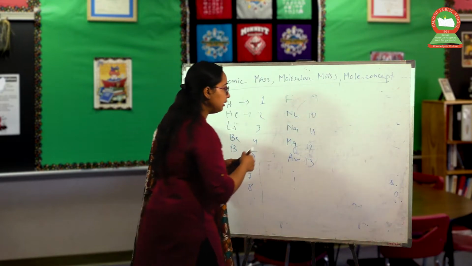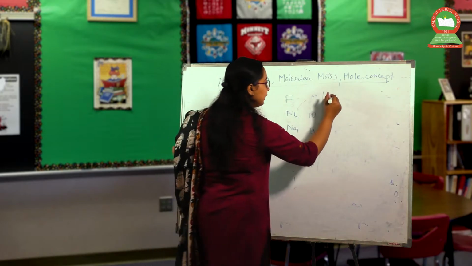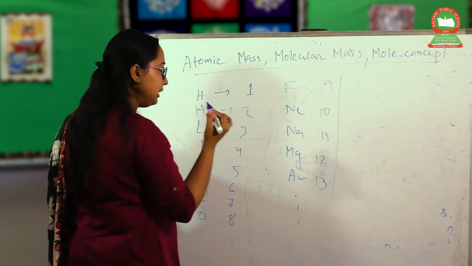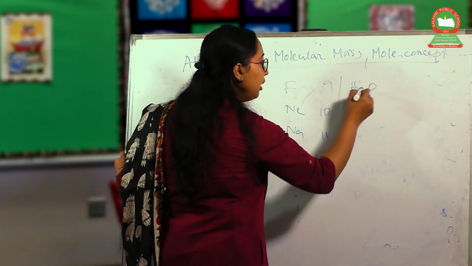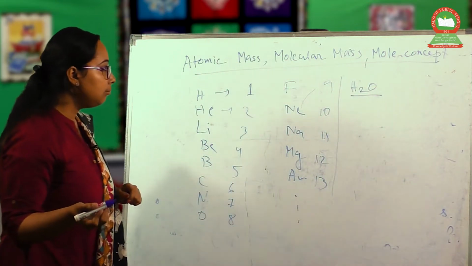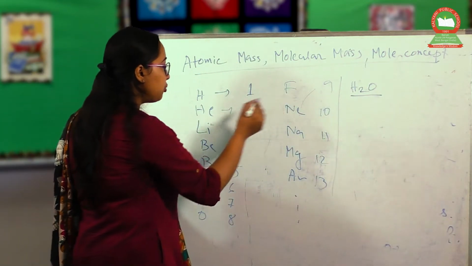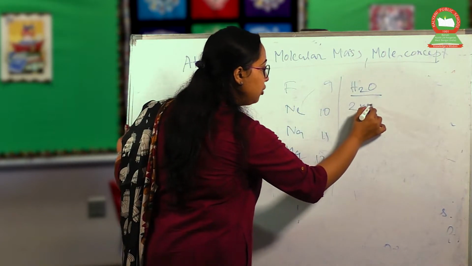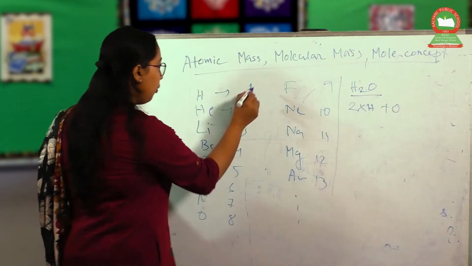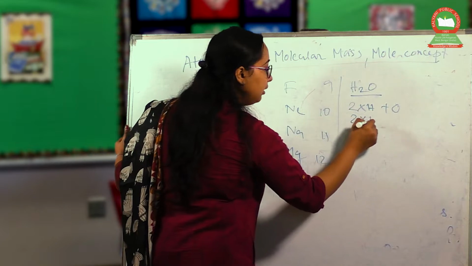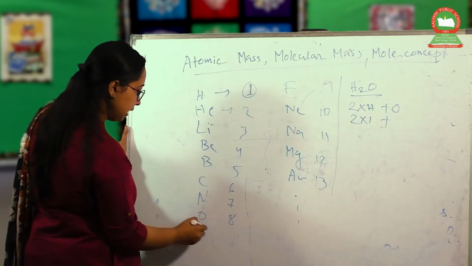Now, on the basis of this, if we want to calculate the molecular mass, the atomic masses are these. If we want to calculate the molecular mass of H2O, what will be the calculation, what will be the result? 2H means 2 of H plus oxygen. So, 2 into 1 plus oxygen has 8.